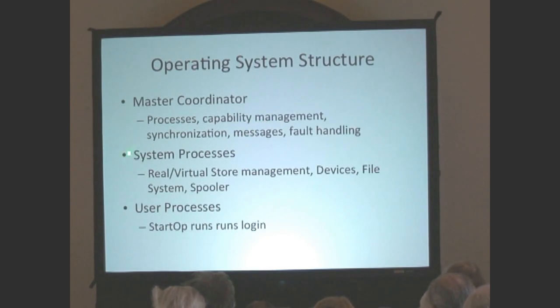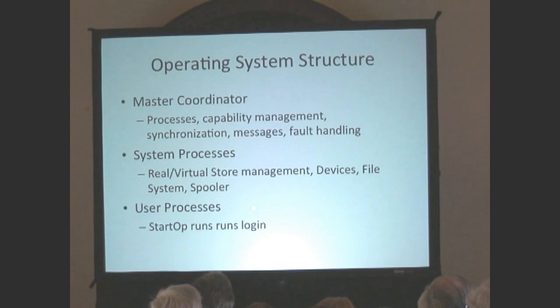There were a number of system processes. They did things like real and virtual store management, looked after devices, looked after the file system, and did spooling. Though there was nothing special about them as processes, they were just processes, but they had useful capabilities, like the ability to access buffers to the disk, and certain privileges to call things that users didn't have.